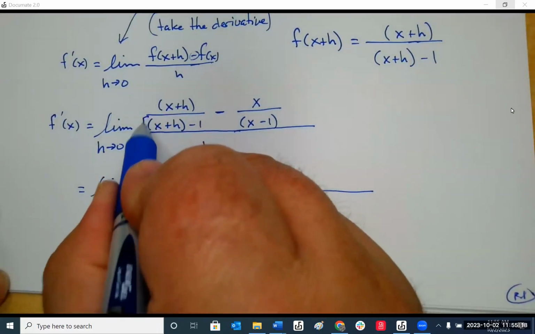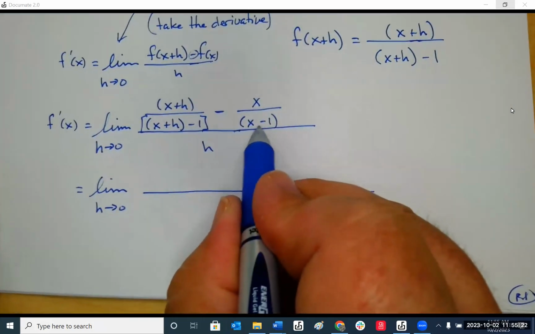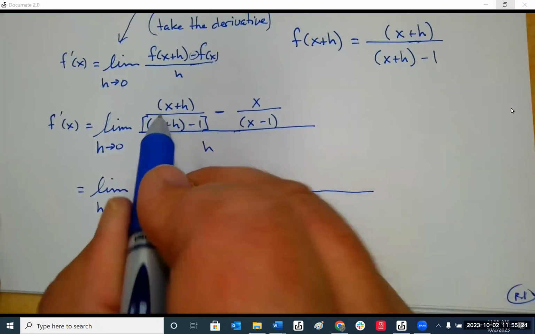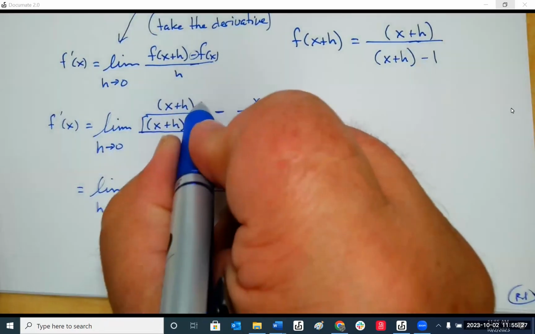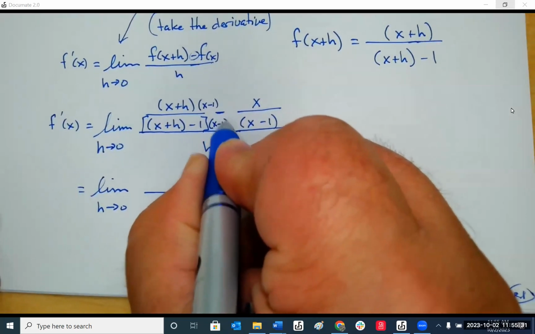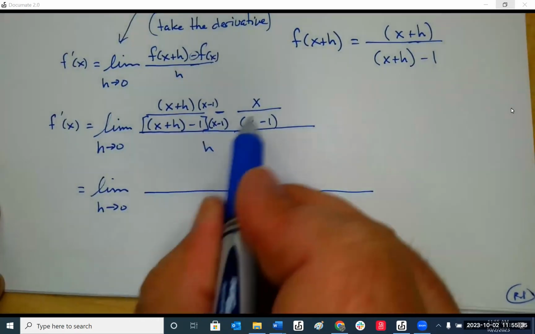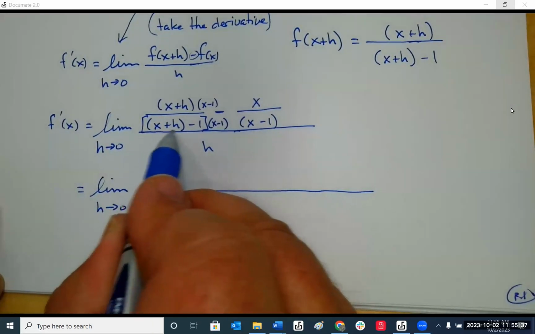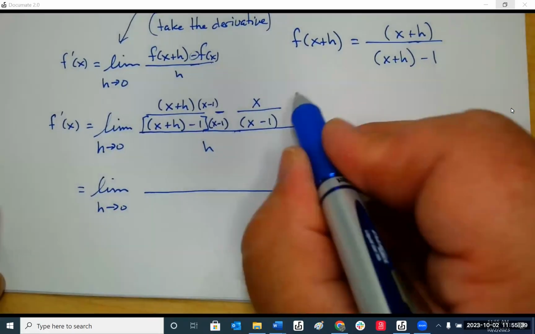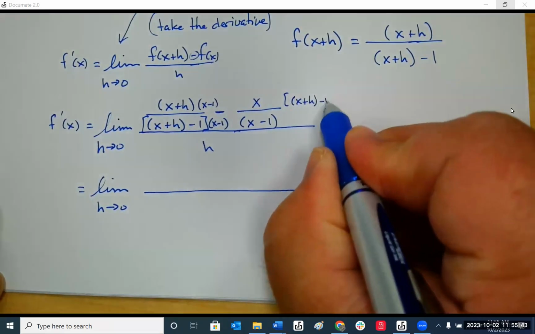So in this first one, this one has an x minus 1, this one doesn't. So it needs an x minus 1. The second one does not have this x plus h minus 1, so it needs an x plus h minus 1.